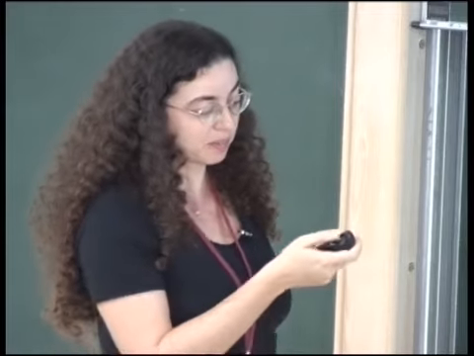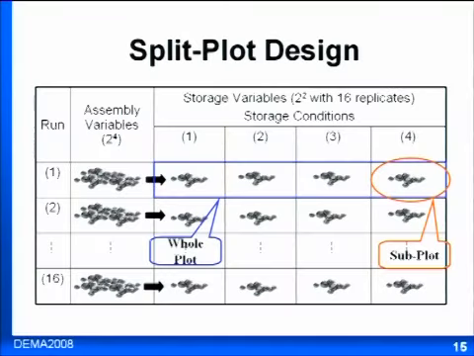So here, each row is a whole plot. All of them come from the same batch of batteries, and each small batch is the subplot. So we have 16 whole plots, each with 4 subplots.